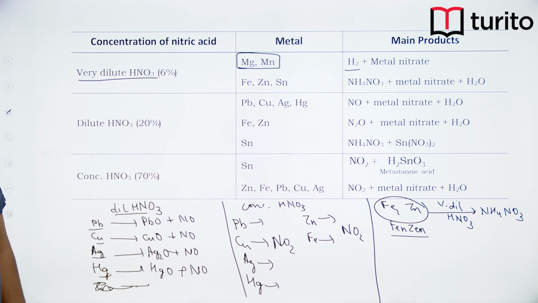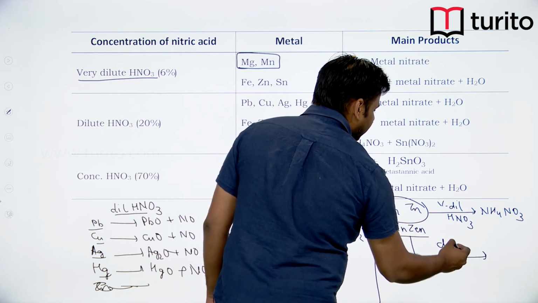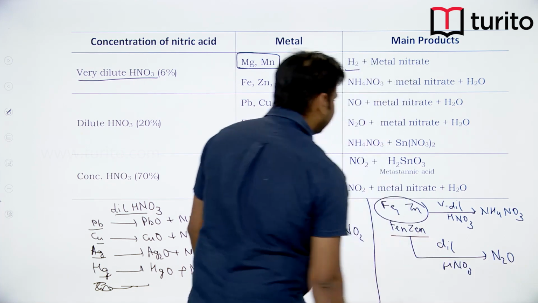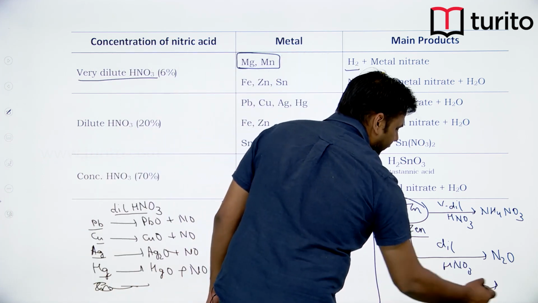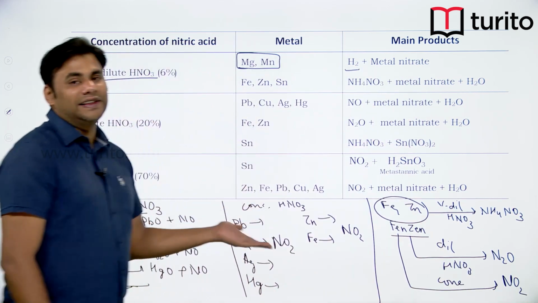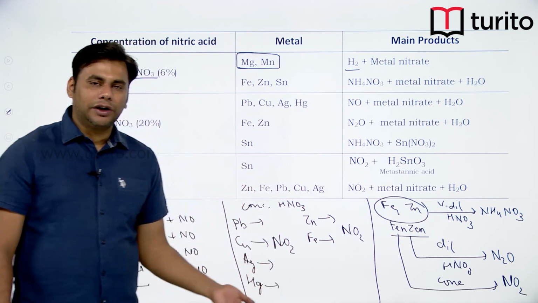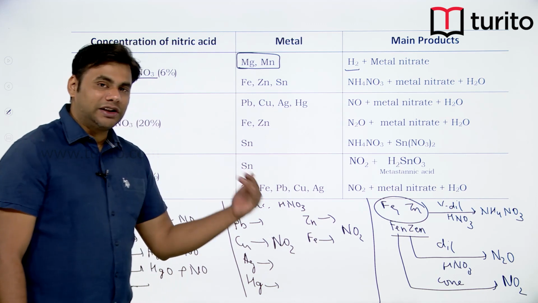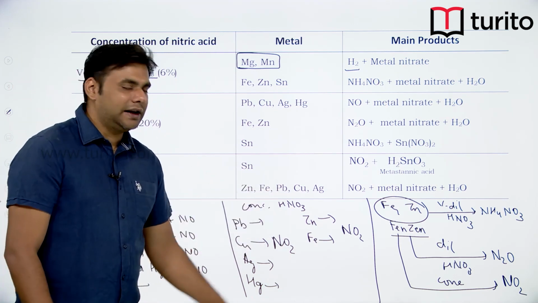With very dilute HNO3 they form NH4NO3, with dilute HNO3 they form N2O and metal nitrates, and with conc there is no exception, so they form NO2. So remember Fenzen: iron with very dilute HNO3 gives us NH4NO3, with dilute HNO3 we get N2O, with conc we get NO2.